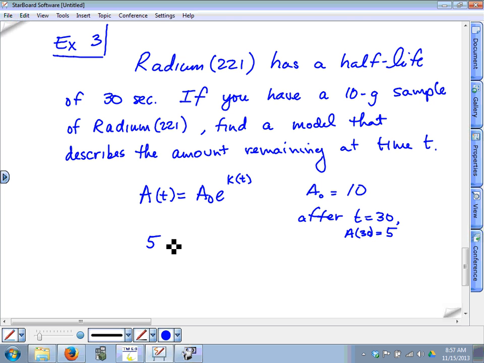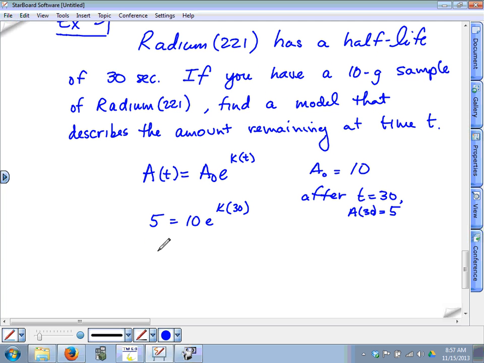If A of t becomes 5 after 30 seconds, and we started with 10, that's 10 times e to the unknown relative growth factor times the time value of 30. So divide by 10. We get 1/2 is equal to e to the k times 30.